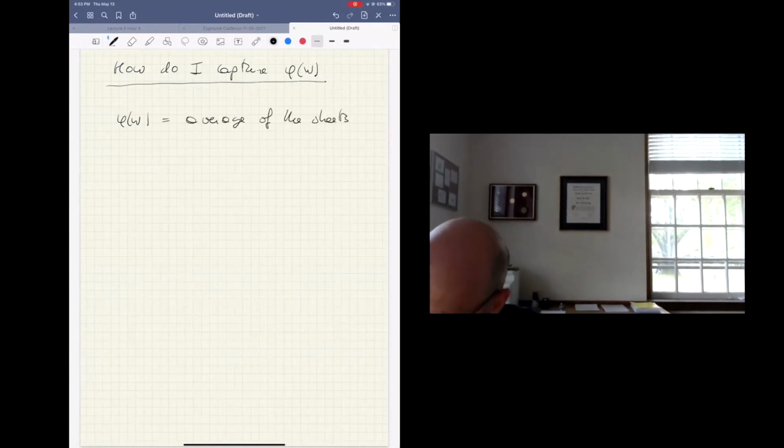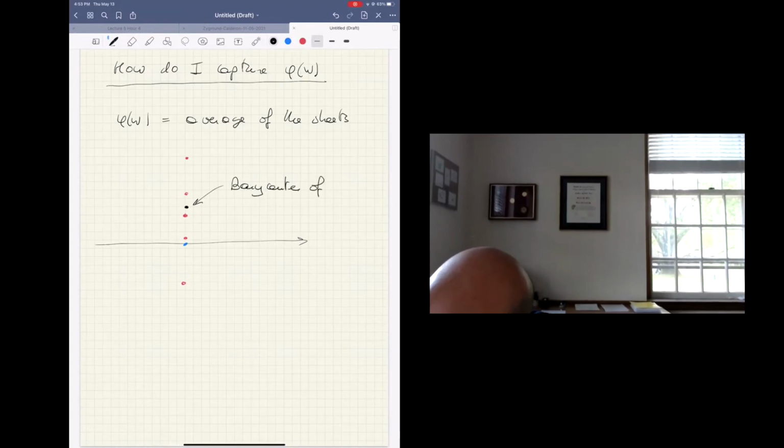In other words, take your multivalued function, which on top of each point takes Q values, and for each of these, calculate the body center. So this is the body center of the red dots. Now do this over all your domain. And the body center is a single valued function.